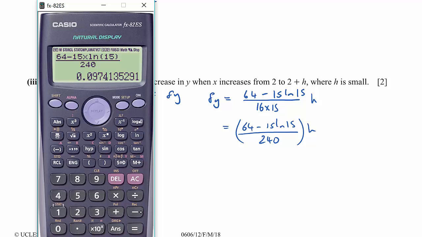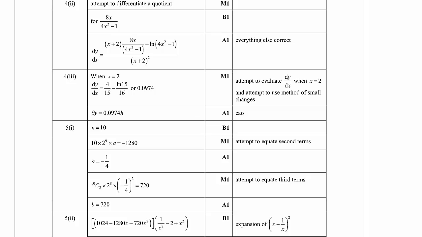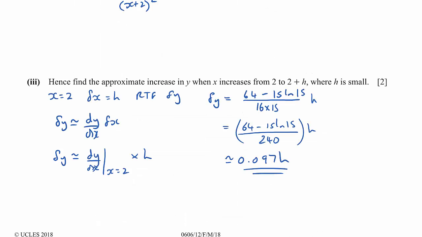That gives me 0.097, shall we say. And what does it say on the mark scheme? So here it is, 0.0974 h. So that is correct.